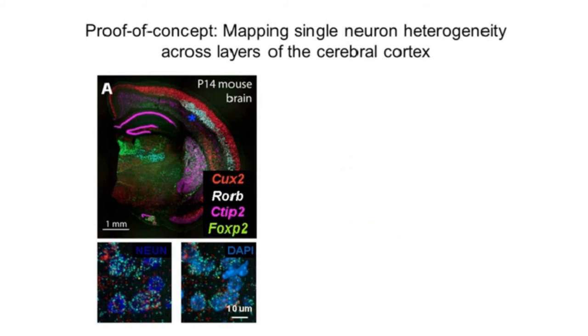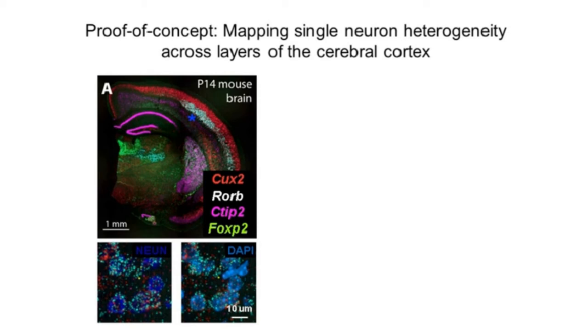So what you're looking at here is the validation of our last mile pipeline by the mapping of the expression pattern of 4 known markers of neuronal layers in the mouse cortex. On the top, you can see a low magnification image of a 2-week-old mouse brain hemisection with RNAscope against 4 markers of upper, mid, and deep cortical layers.